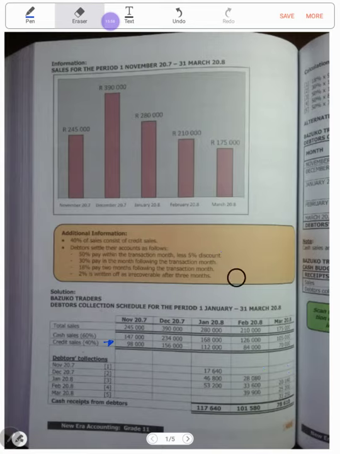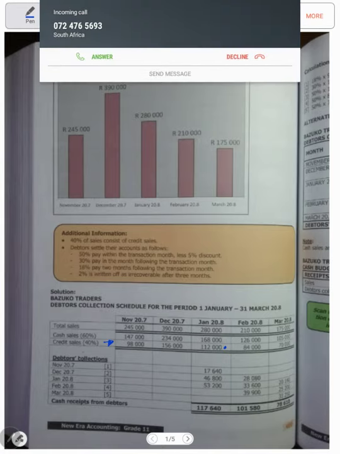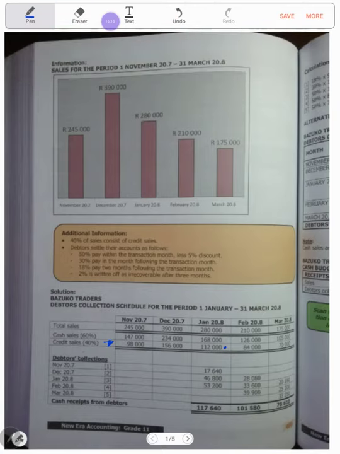Okay, our credit sales in January was worth 112,000 Rand. All right. Now we're going back to our predictions.